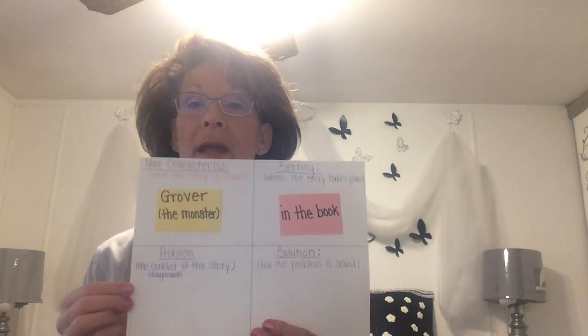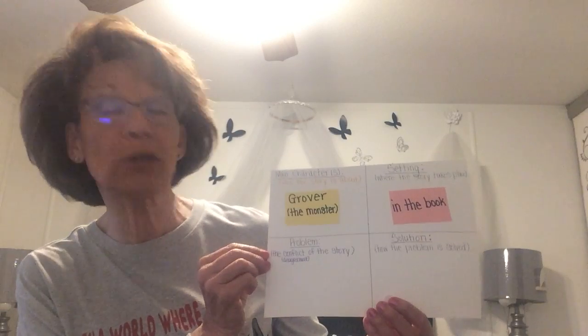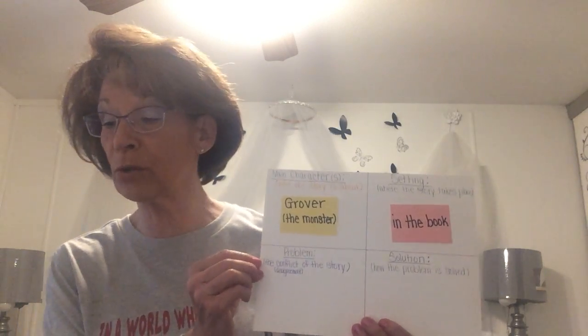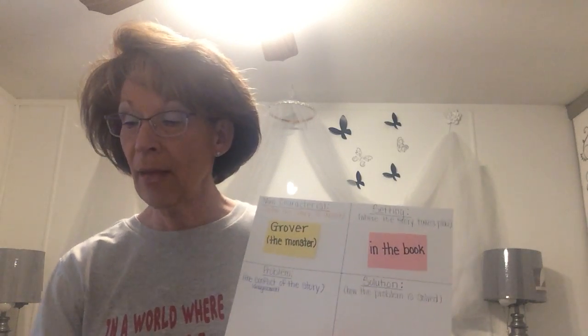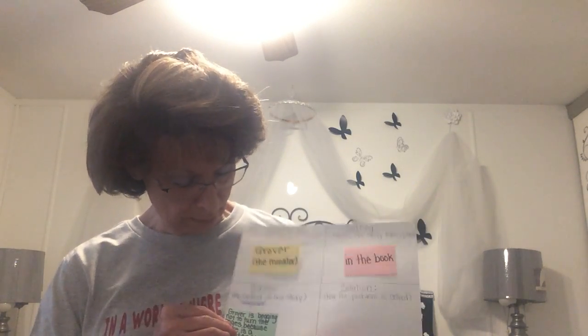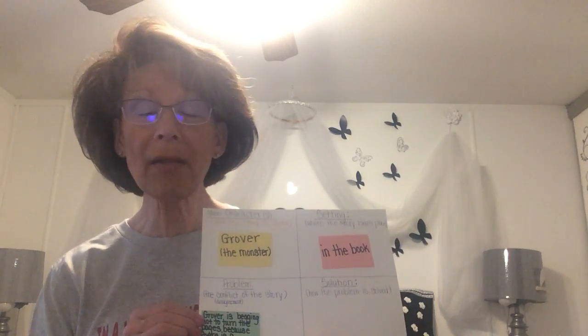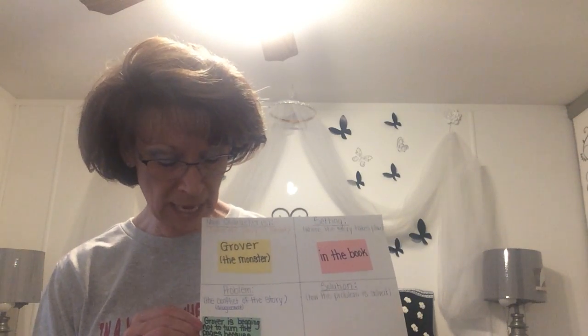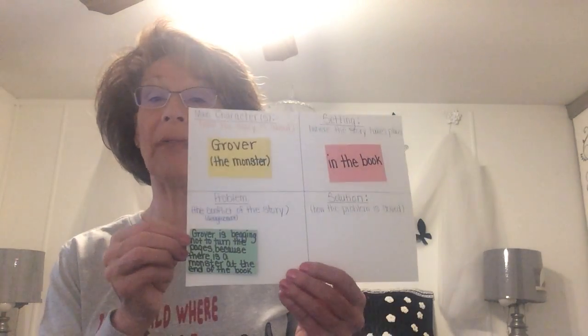Okay? The problem, and we know that the problem is the conflict or the disagreement of the story. We know that the problem was that Grover is begging us not to turn the pages because he knows that there's a monster at the end of the book and Grover is scared.